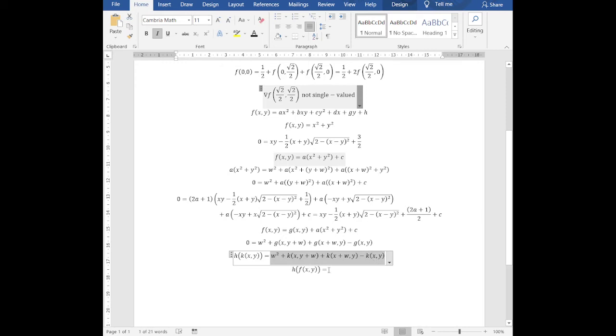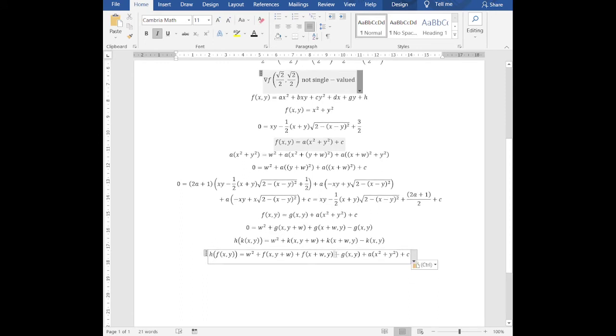Let's just copy in this. Let's put in f. Okay, so we're going to work this out. And now what happens when I actually substitute what f is.